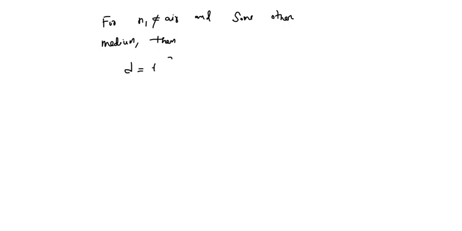So in case n1 is not equal to air and is some other medium, then d would be equal to t sin I, 1 minus cos of I by n1 n2 whole square minus sin square I, half.